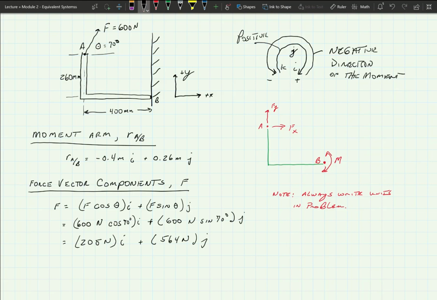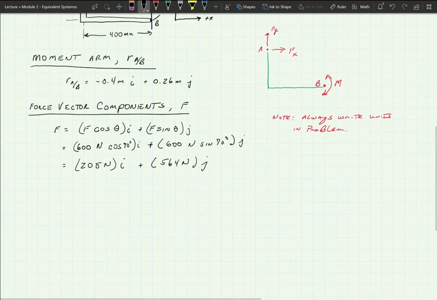Without the units, you have no idea what you're solving for, and most of the mistakes are made because the units don't agree with what we're actually trying to solve for. Okay. All right. So we now have our magnitude and direction for our vector. We have our arm for the moment arm, and we can actually go find the moment now.